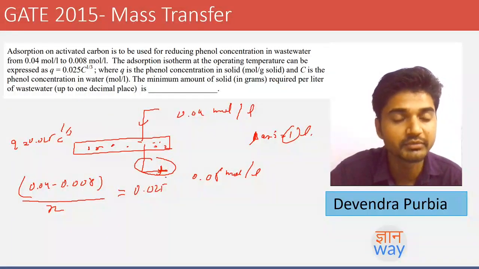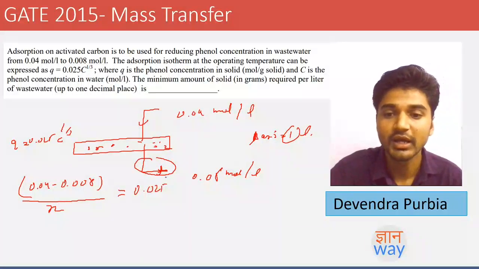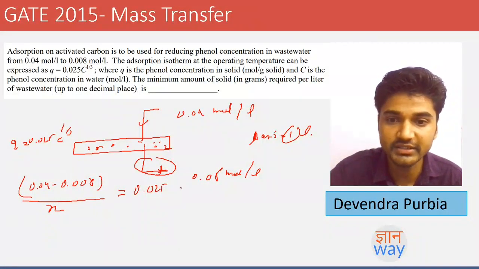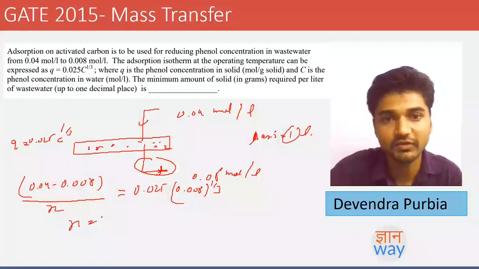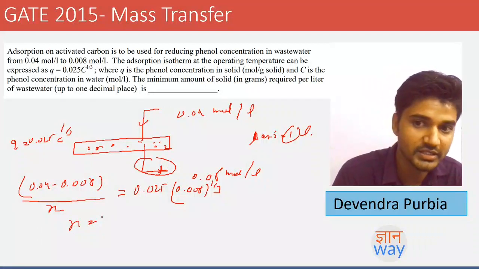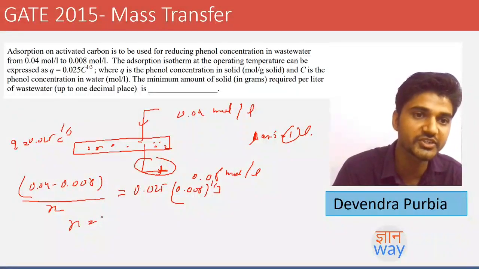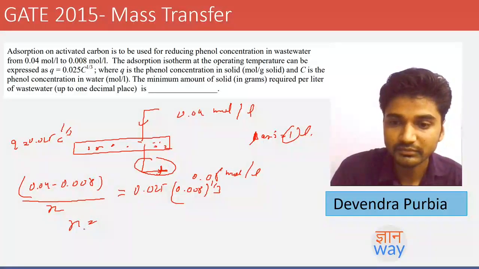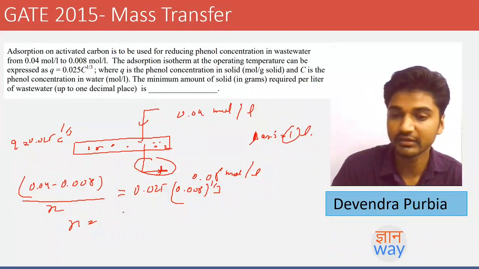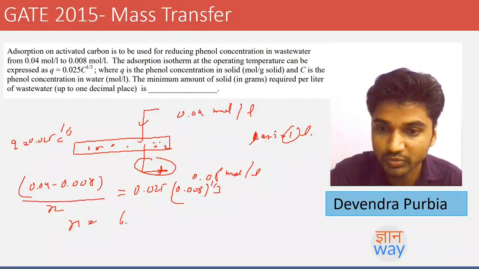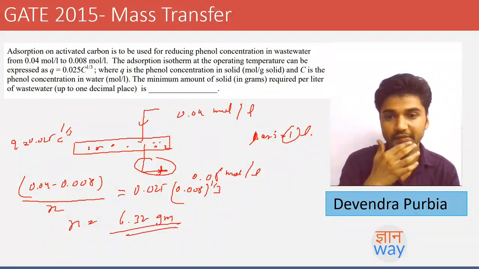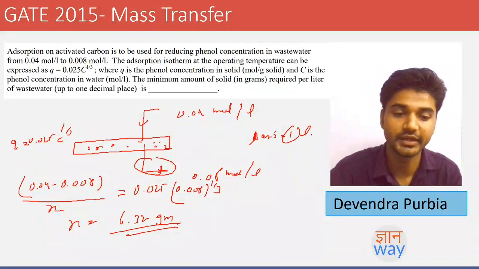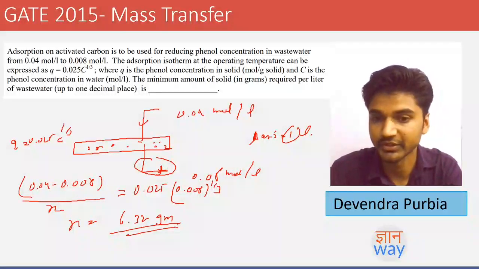The leaving concentration is at equilibrium, and that is already given as 0.008 raised to power 1 by 3. So from here we can easily calculate how much minimum solid is required. We are saying minimum because we are considering the exit concentration at equilibrium. So the minimum solid required we can get here is x equals 6.32 grams. So this will be the minimum solid required for this operation.